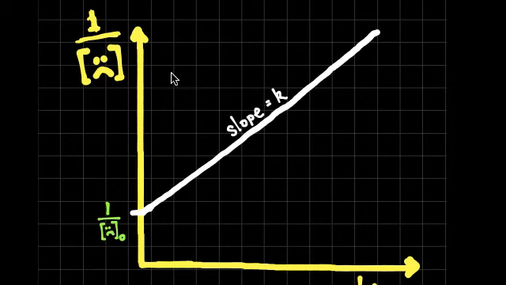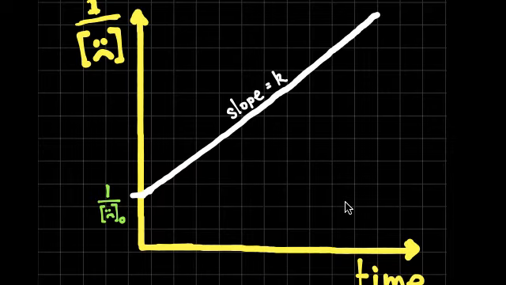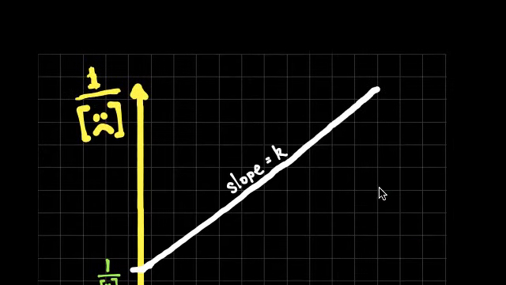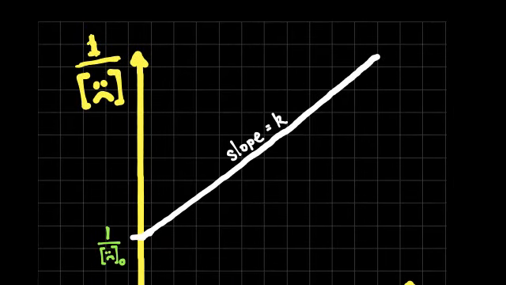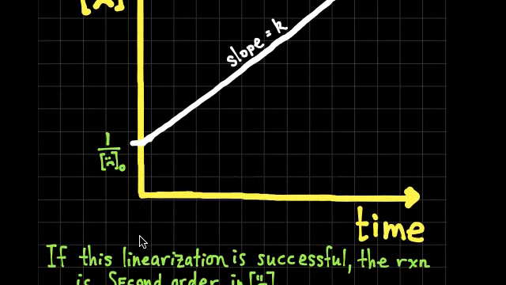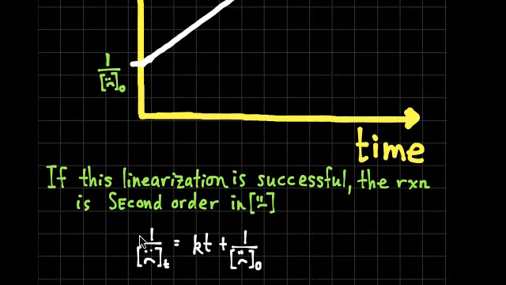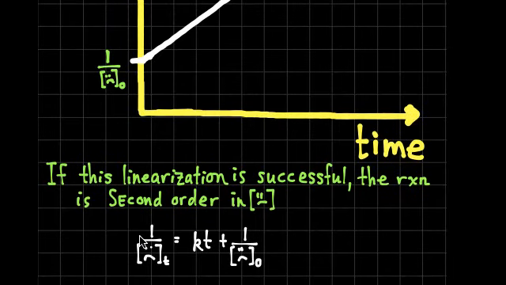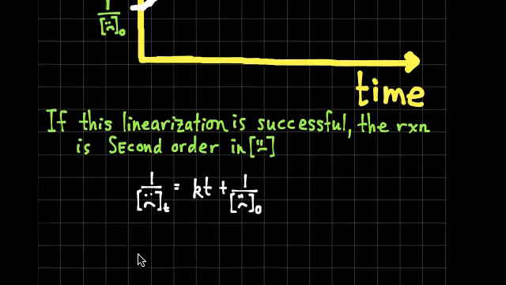Here's the y, here's the m, here's the x, that's the time, plus b. B is the intercept of where the reciprocal of the original concentration hits the y-axis. If this linearization is successful, the reaction is second order in frowny, and there's our integrated second order rate equation that we saw one video ago, I think it was.